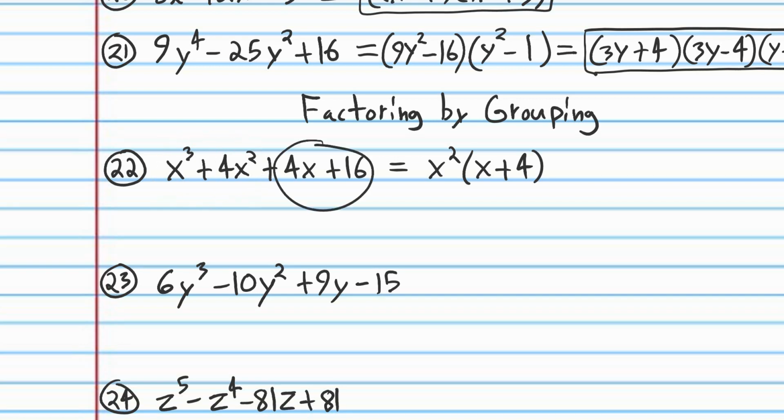Now we're going to go to the second 2 terms. So I want to color code this just to make sure you know exactly what's going on here. Now we're going to factor out the greatest common factor of these 2 terms. And the greatest common factor is 4.